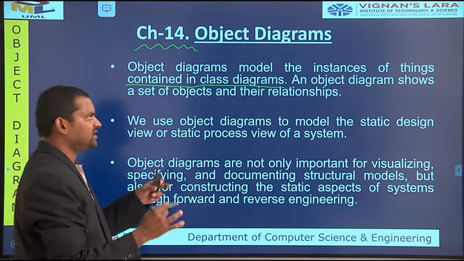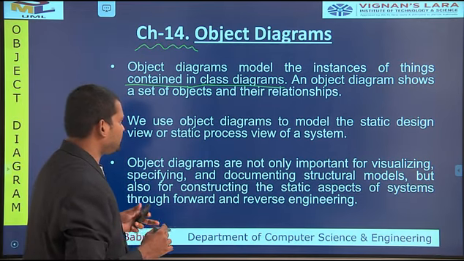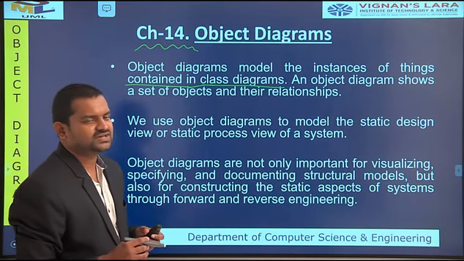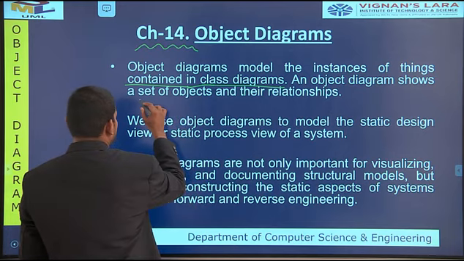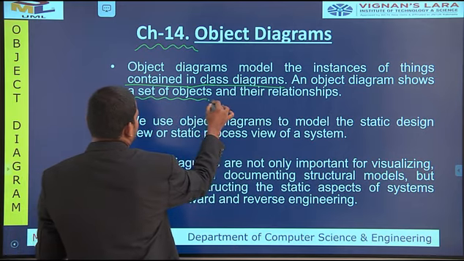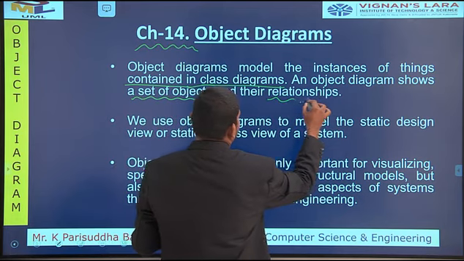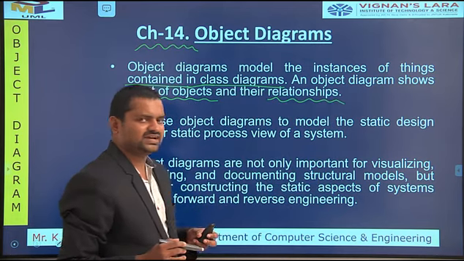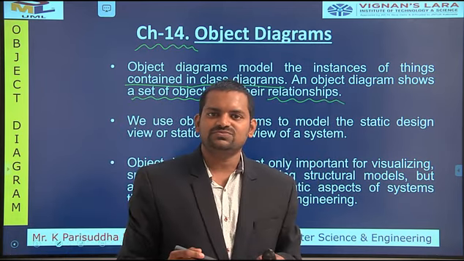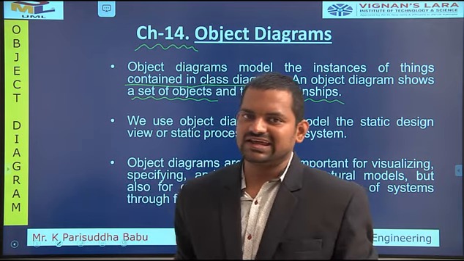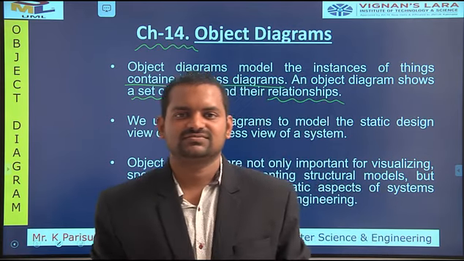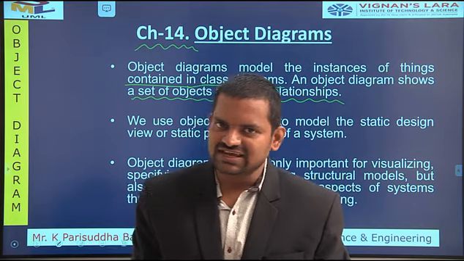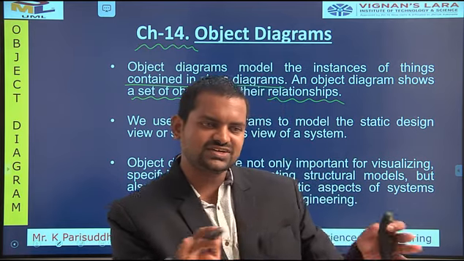An object diagram shows a set of objects and their relationships. As we stated for the class diagram, an object diagram contains a set of objects and also the relationships between those objects.